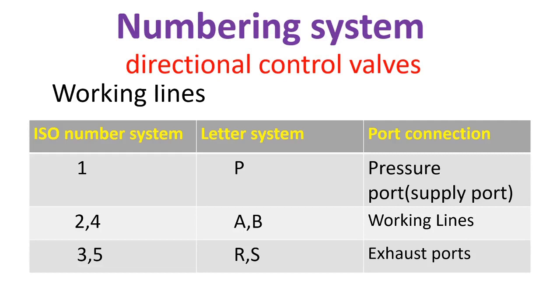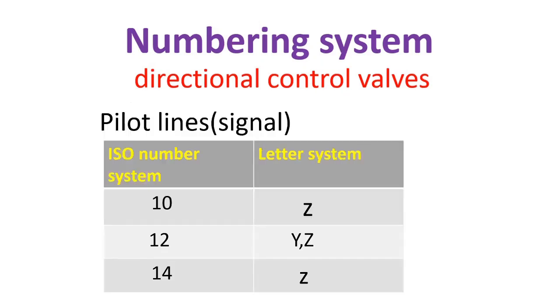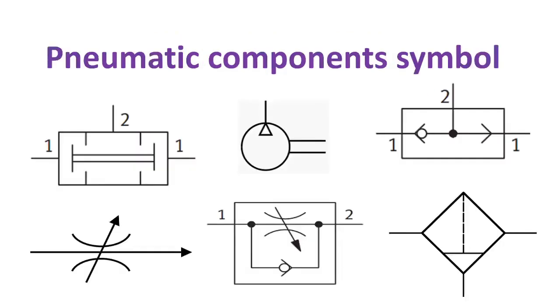For numbers 3 and 5, or R and S, those are exhaust ports. And for pilot lines or signals, 10 is equivalent to Z, 12 is equivalent to Y or Z, 14 is equivalent to Z. Now let's proceed to our pneumatic component symbols.